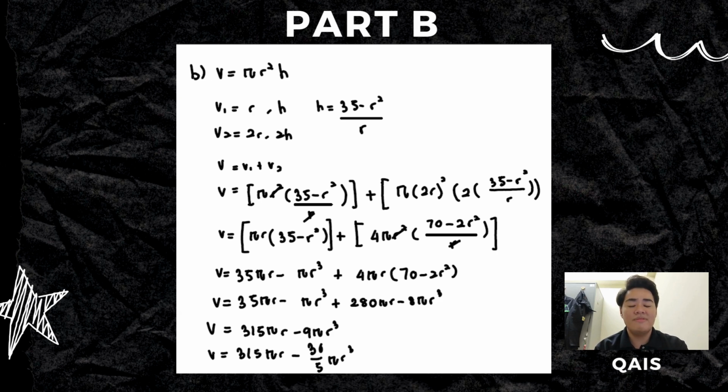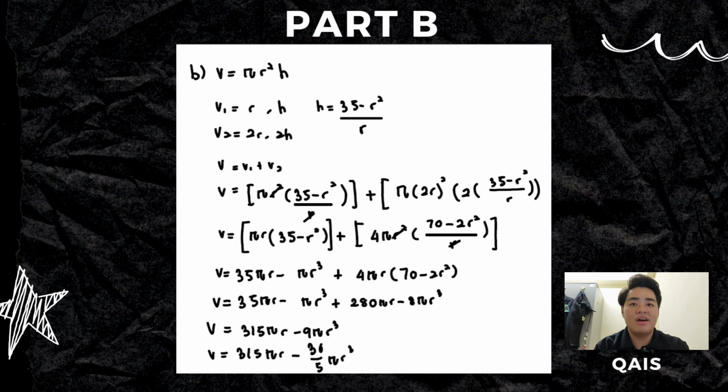So let's simplify it. We get V equal to pi r times (35 minus r squared) plus 4 pi r squared times (70 minus 2r squared) over r. So simplify it again.